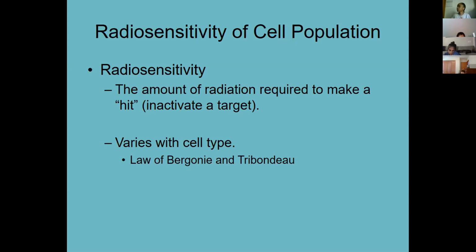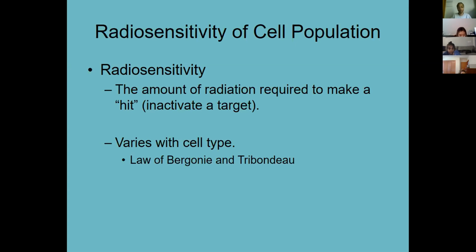Can somebody tell me what two factors influence cell radiosensitivity according to Bergonie and Tribondeau? Tissue differentiation. So which tissues are more radiosensitive? Those that are poorly differentiated or highly differentiated? Poorly. So simple cells. All right.